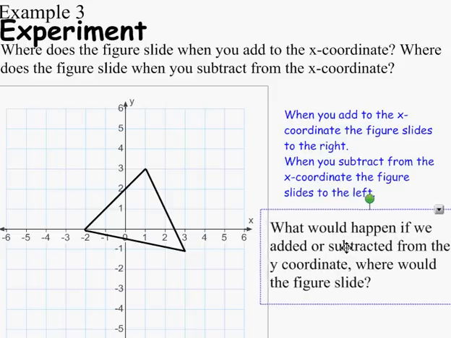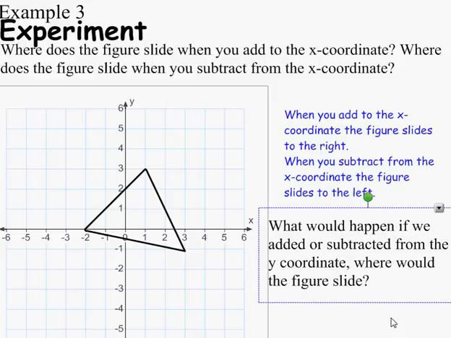What would happen if we added or subtracted from the y coordinate? Where would the figure slide? I'm not going to answer it here. In order for you to get full credit for this video, you must have an answer to this question tomorrow when I check your homework.